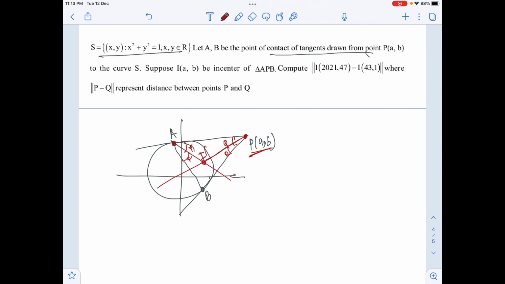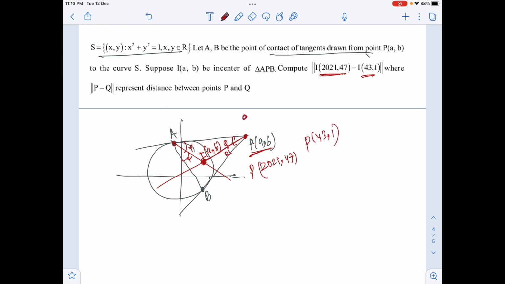If point P changes, the incenter will change because the triangle will change, right? So it's I(P), for point B. The question is compute the distance between I(2021, 47) and I(43, 1). This means when the point is (2021, 47), a corresponding incenter will come somewhere.